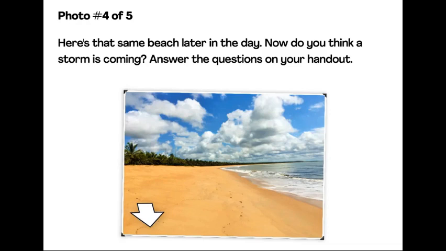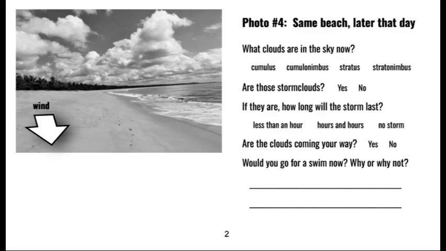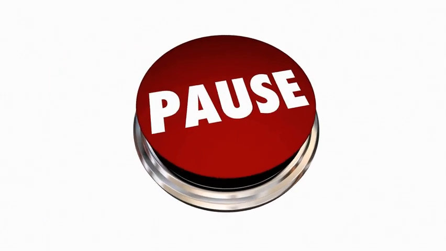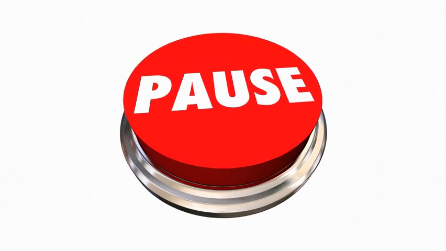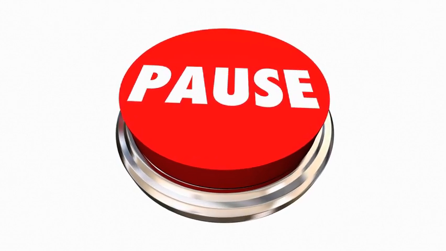All right, let's look at picture number 4 and see what direction the wind is coming. Let's be sure to note what type of clouds are in the sky and use your storm tracker little folder to tell you if there's going to be a storm or not.